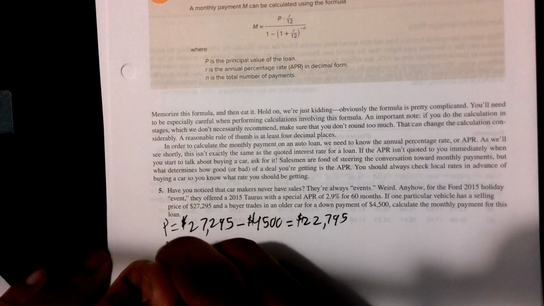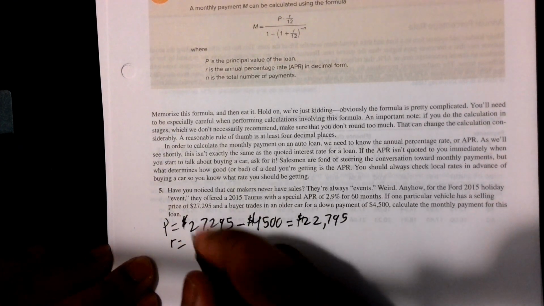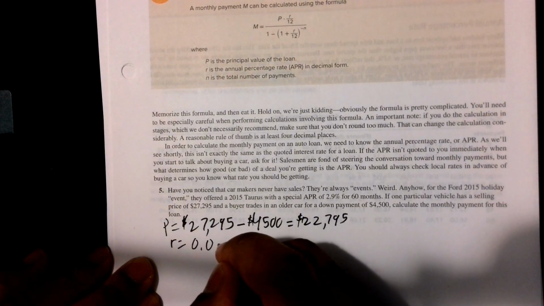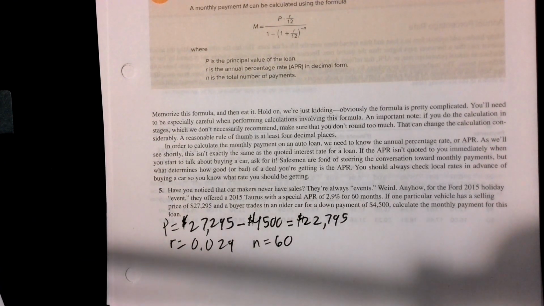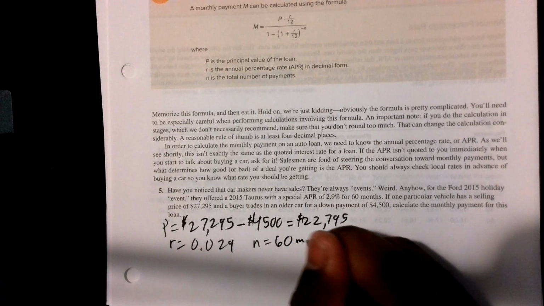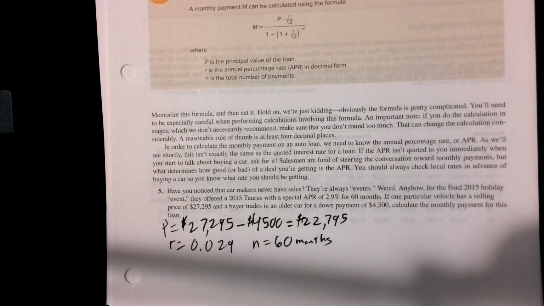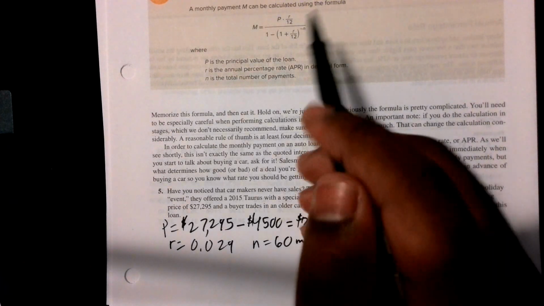Next, we have our rate of interest. Our rate of interest is 2.9%, which is 0.029. And the number of months is 60 years. 60 months, not years.